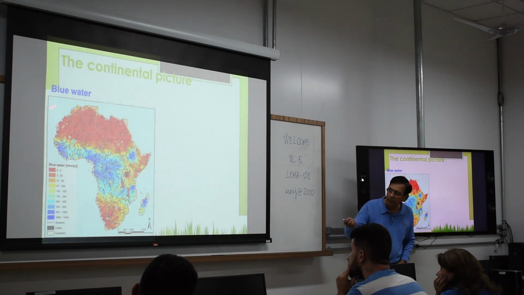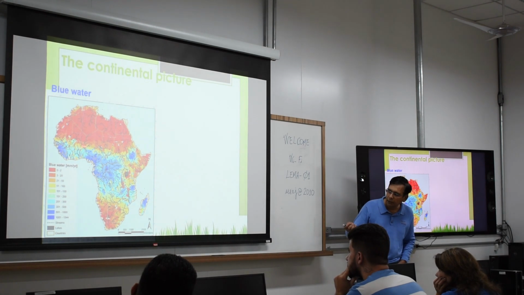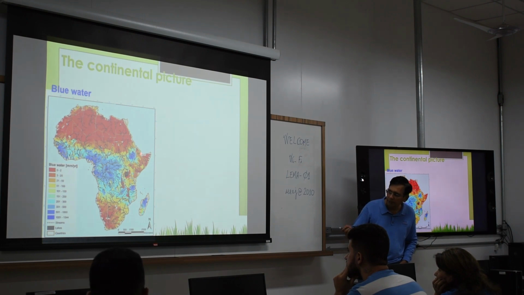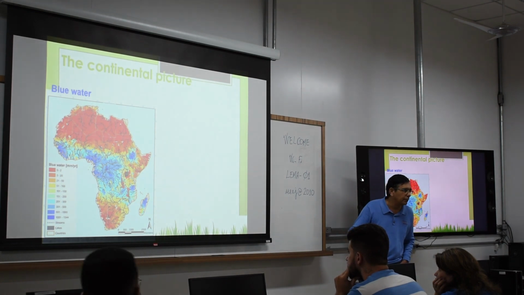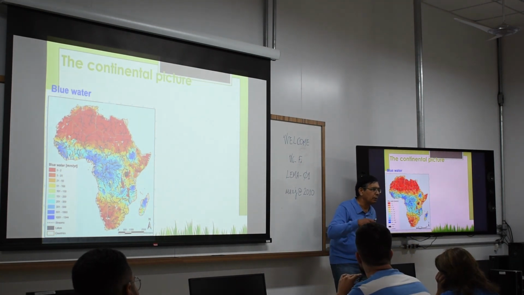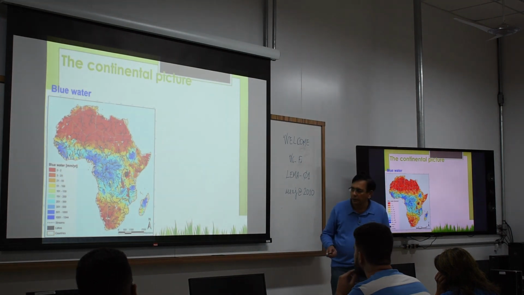This is an extremely dry region, so there's hardly any water, any rainfall. So most of the water is in this region, western part of Africa and a little bit of the eastern part of Africa. This is the Blue Nile. This is Ethiopia. That's where the Blue Nile starts. That's the White Nile and Blue Nile. That's what flows. Right?